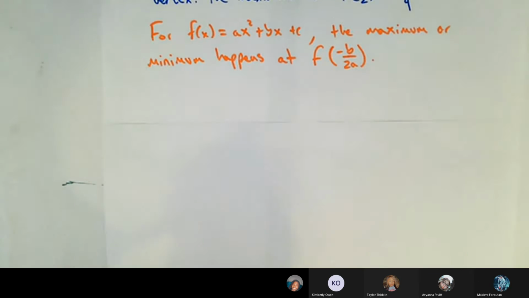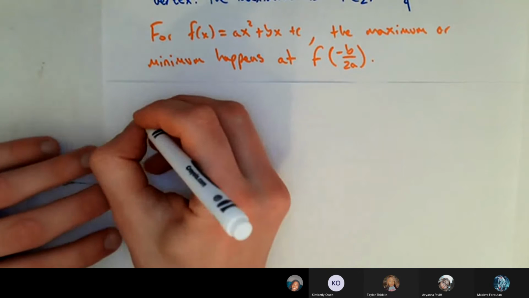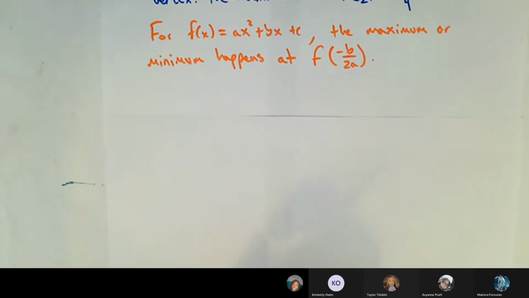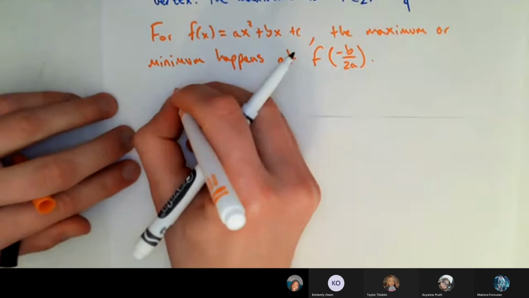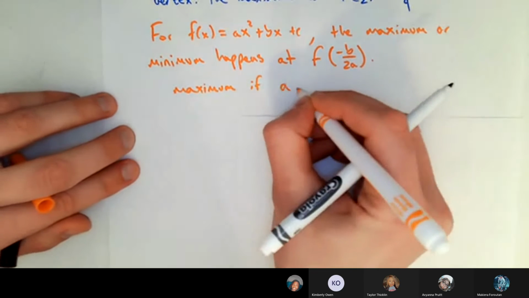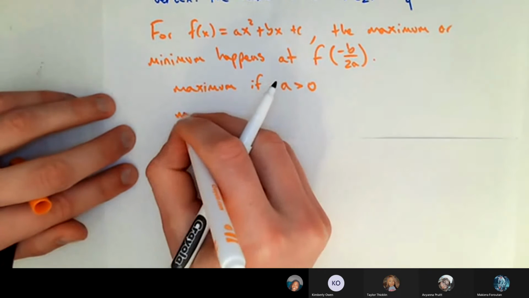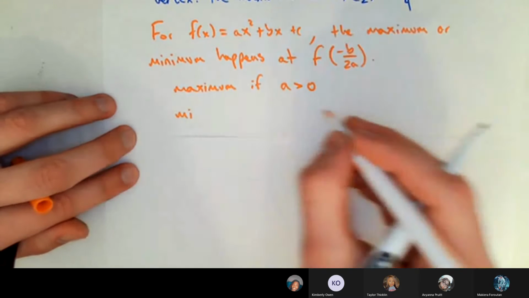And also you have to be able to tell me if the value is a maximum or a minimum, but that's just going to be, here, I'll write that down real quick. It's a maximum if that leading coefficient is greater than 0, and it's a minimum. Nope, I have that backwards.